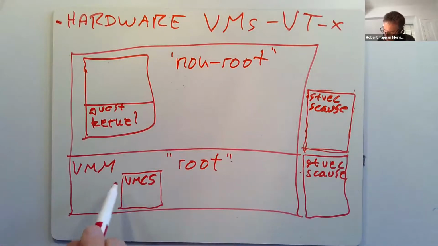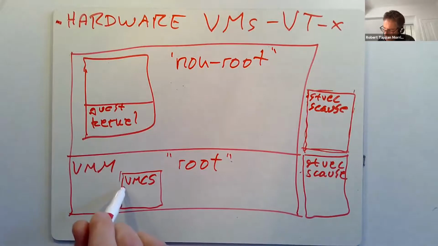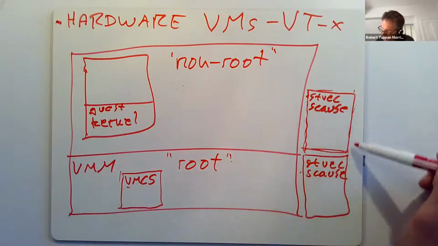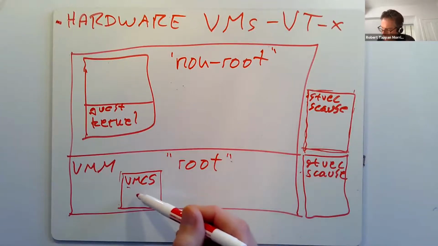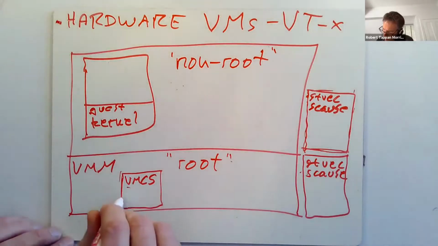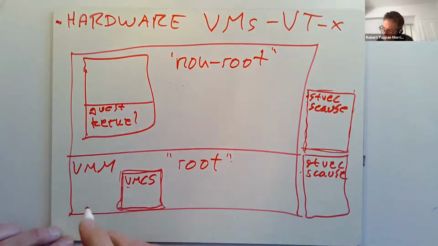When the virtual machine monitor wants to create a new virtual machine, it creates one of these in memory and fills in a bunch of configuration flags and also initial values for all these registers, and then tells the VTX hardware, look, I want to start running a new virtual machine, and here's the initial state.